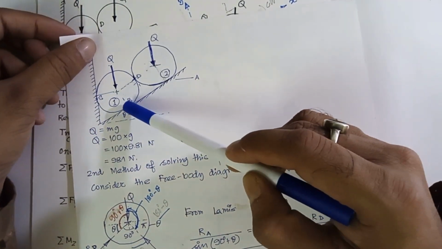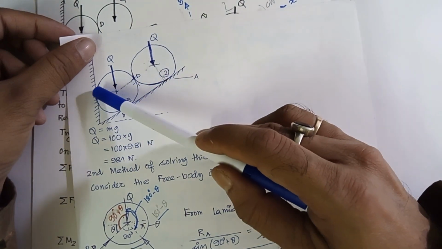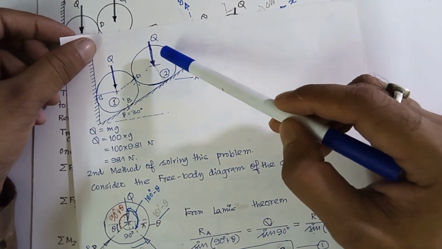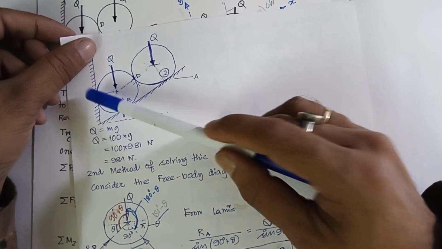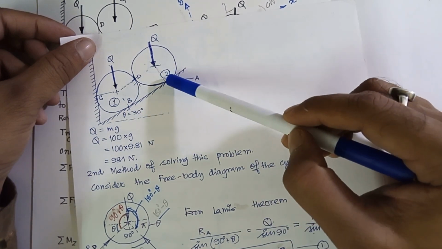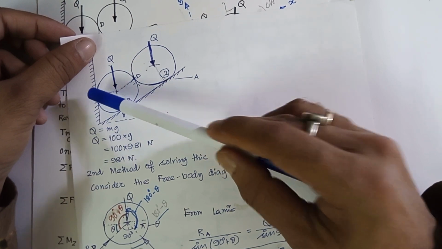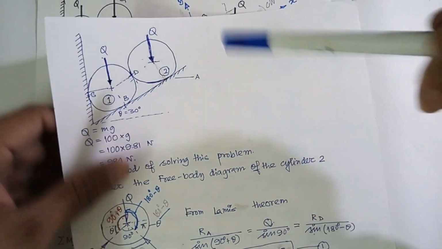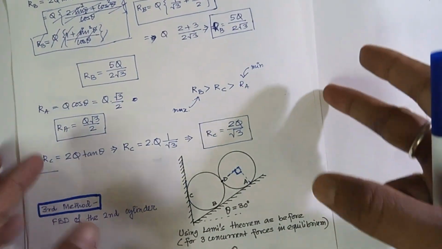Maximum reaction is at RB, minimum reaction is here, and in between the reaction is here. So roller A is pressing roller B and that is pressing at this wall. So here the reaction is maximum, here the reaction is minimum, and here the reaction is in between RA and RC. Okay. Now next we will solve with method 3.